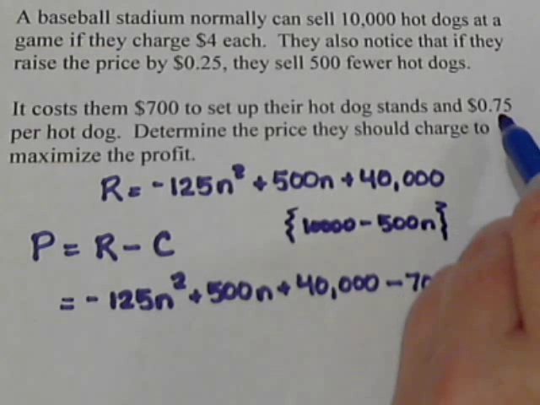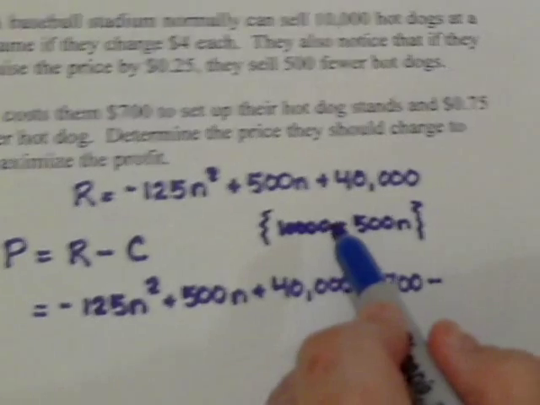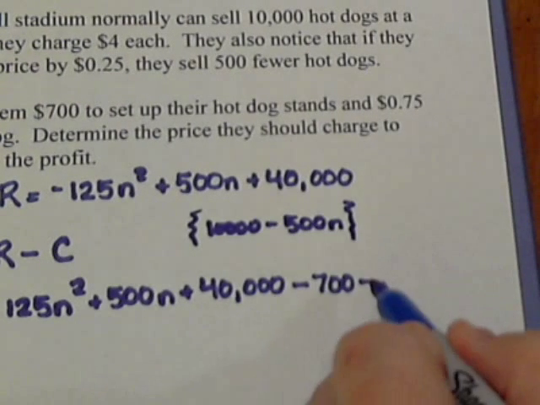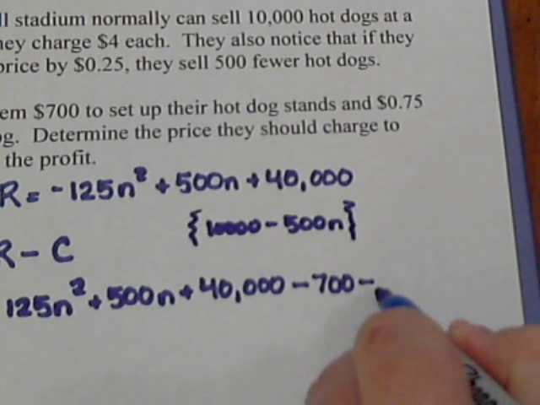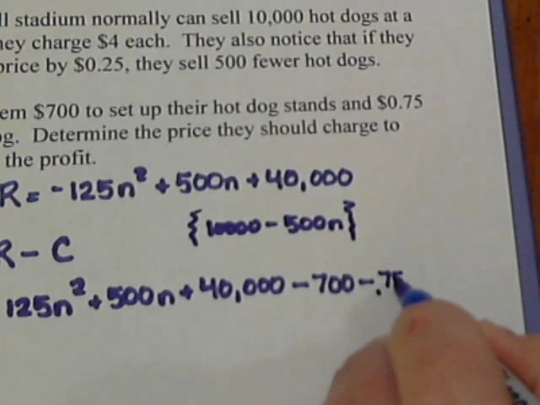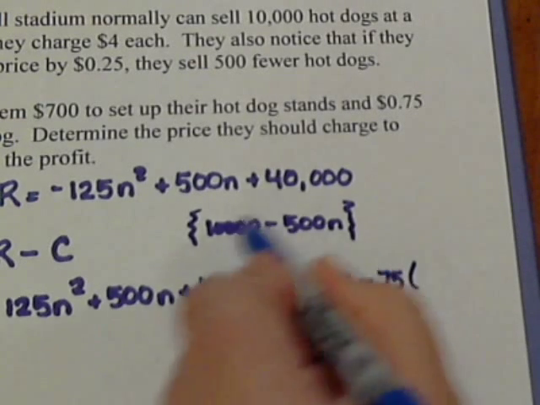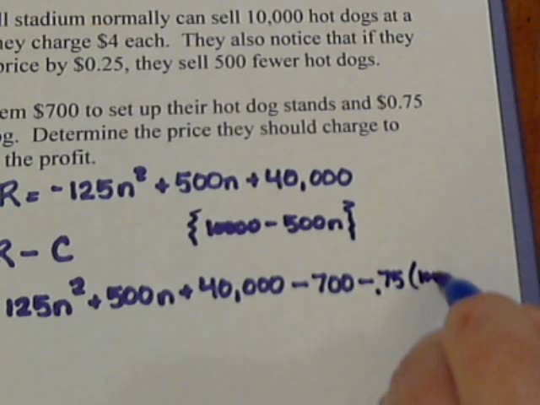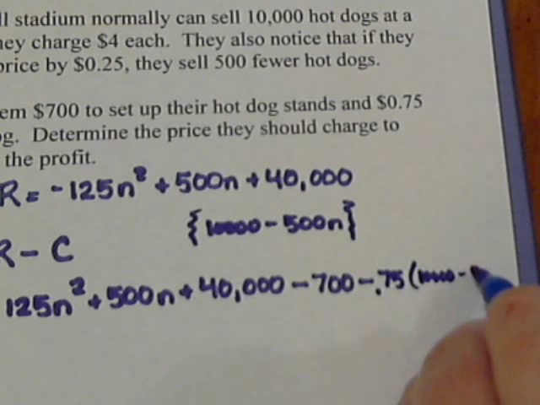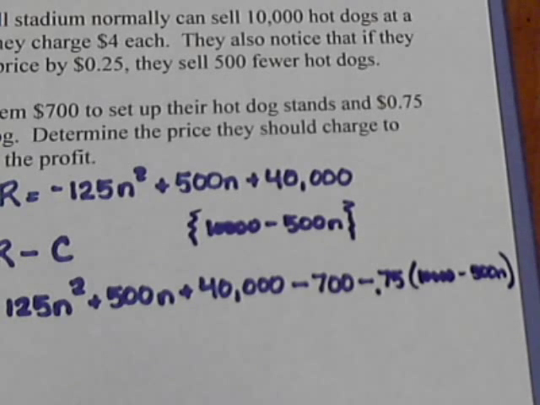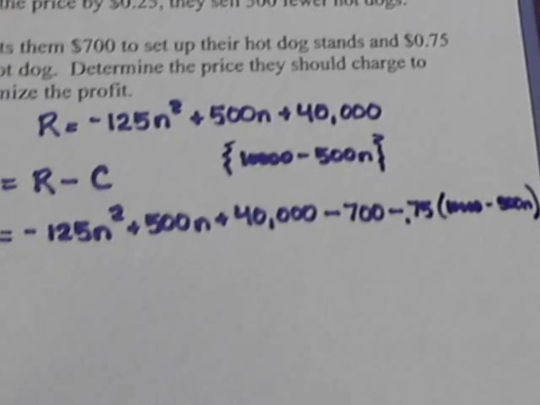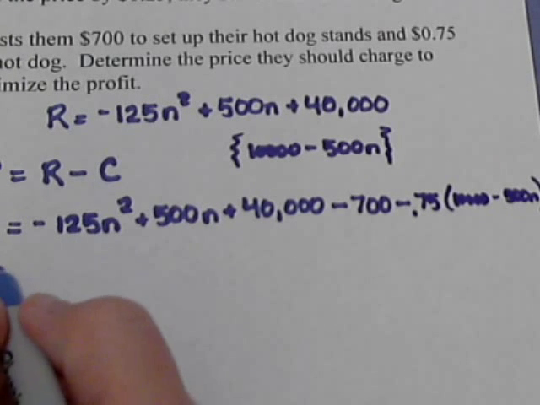And now we find out it's going to cost us 75 cents for each of these. So, minus 75 cents times the number of hot dogs, which would be 10,000 minus 500 n. Barely enough room. Hope you can read that.